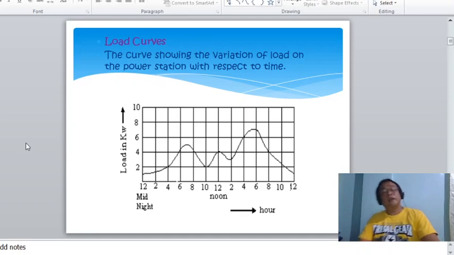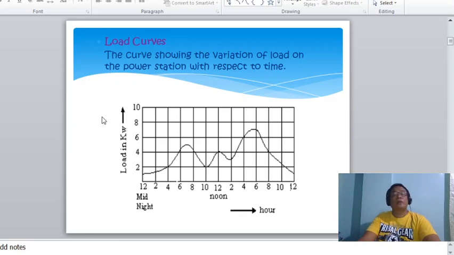If we just look at the curve, we will notice that the curve varies. For example, between 6 to 8, the value of the load at this time is almost 5 kilowatts. At 10 a.m., that is equivalent to 2 kilowatts.